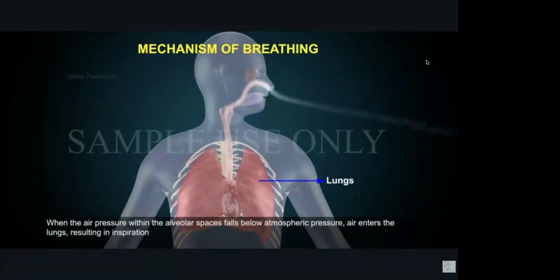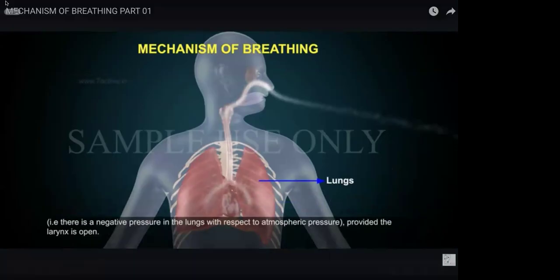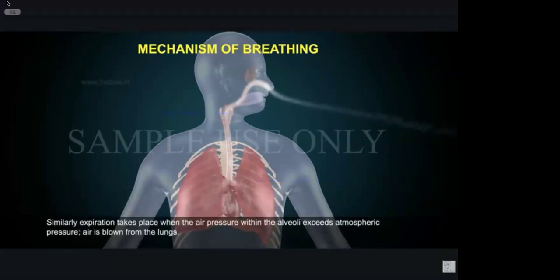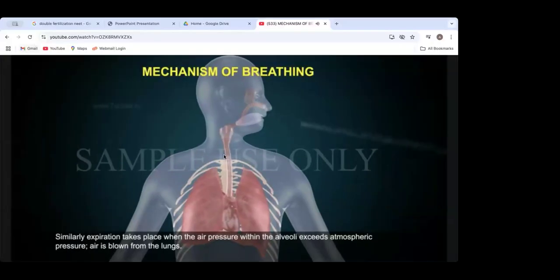When the air pressure within the alveolar spaces falls below atmospheric pressure, air enters the lungs, resulting in inspiration. That is, there is a negative pressure in the lungs with respect to atmospheric pressure, provided the larynx is open. Similarly, expiration takes place when the air pressure within the alveoli exceeds atmospheric pressure. Air is blown from the lungs.